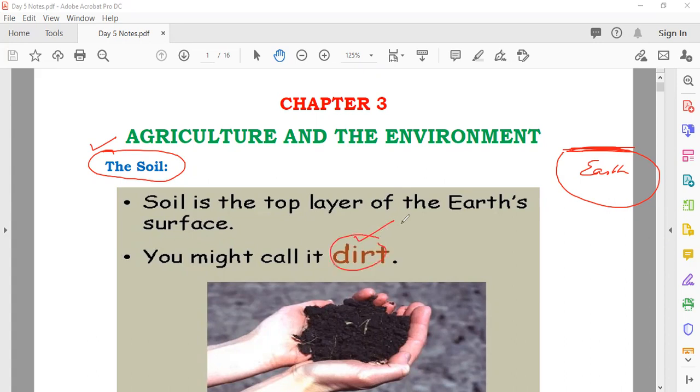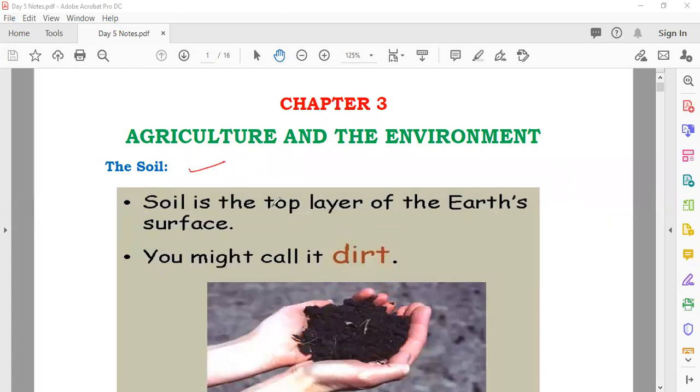Dirt has dust and sand particles and other things, and its color will be different in different places, but the main composition is almost the same depending on the type of soil. So let's begin our class today with the topic of soil.